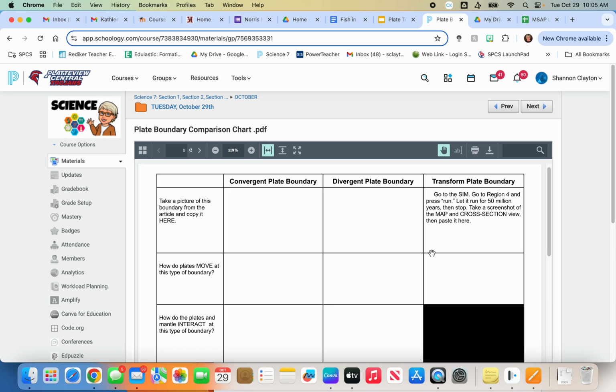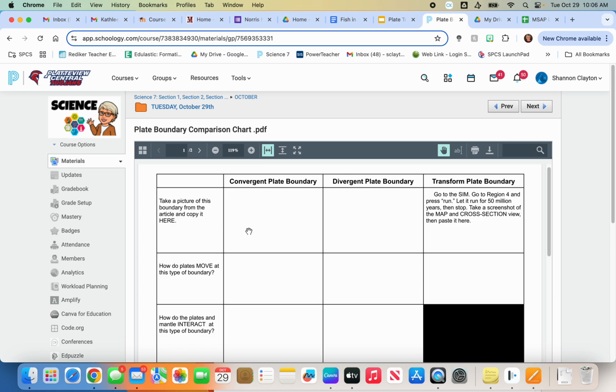I'm going to allow you to use this graphic organizer when you answer a question to create a scientific argument, which is going to be one of your summative assessments for this unit. Right here it says take a picture of the boundary from the article and then copy it here.